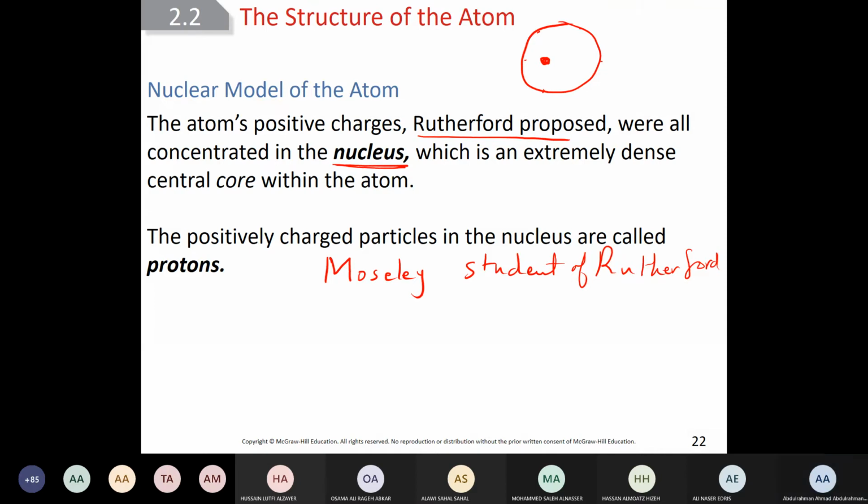Mosley discovered that inside the nucleus there is something called protons, which are positive charge particles.